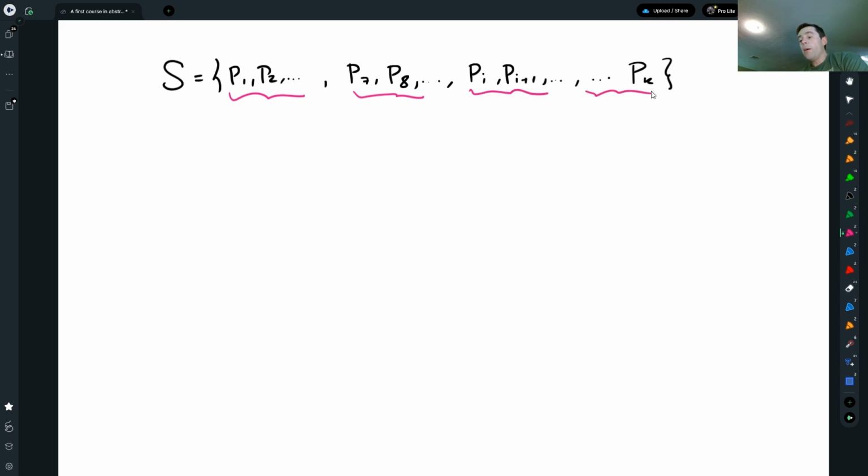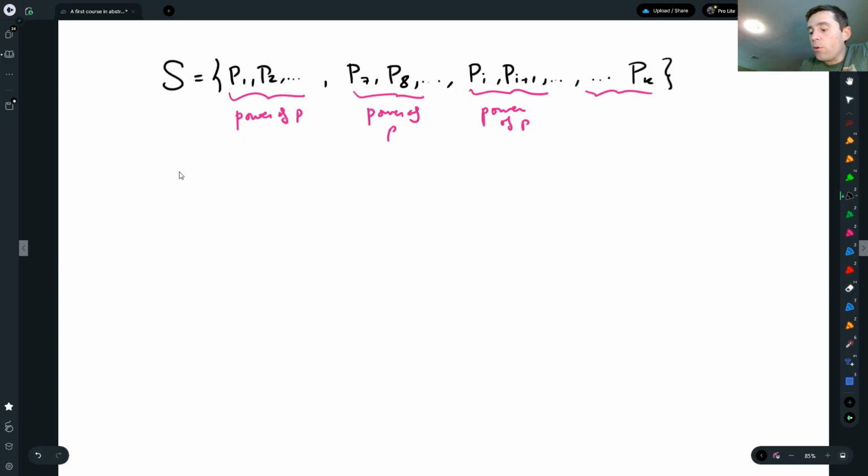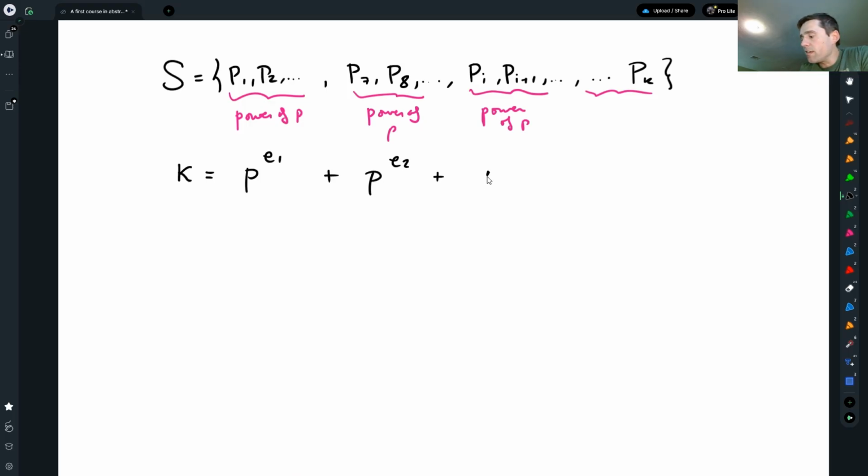But what I've just proved is this: each one of those packets of Q conjugates, the size of that is a power of p in each case. But that implies that the number of elements in S has to be some power of p plus some power of p plus some power of p plus some power of p.